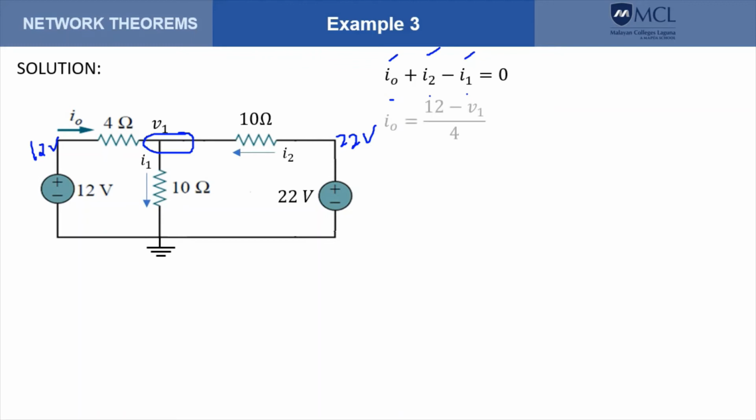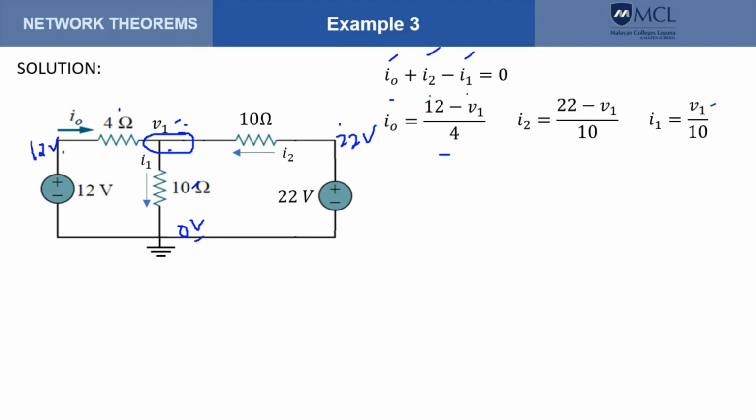So for example, I sub naught is equals to 12 minus V sub 1 divided by 4. I sub 2 is 22 minus V sub 1 divided by 10. And I sub 1 is V sub 1 minus 0. So the node voltage on the node that we specify to be our ground node is always 0 volts. So that's V sub 1 minus 0 or simply V sub 1 divided by the resistance 10 ohms.